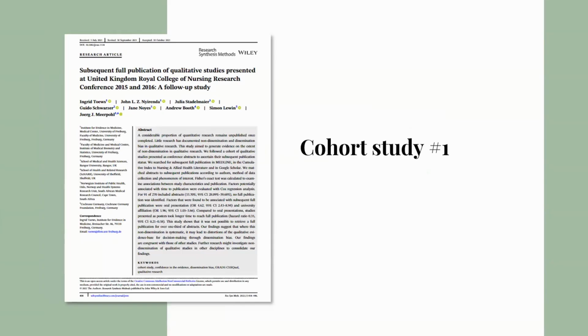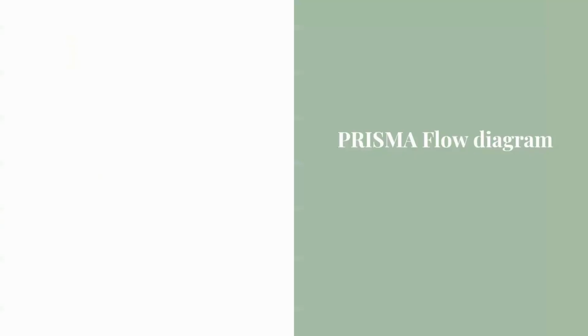We conducted one smaller cohort study that followed conference abstracts to full publication, that after a nursing conference in the UK, we wanted to generate initial empirical evidence on the proportions of non-dissemination.